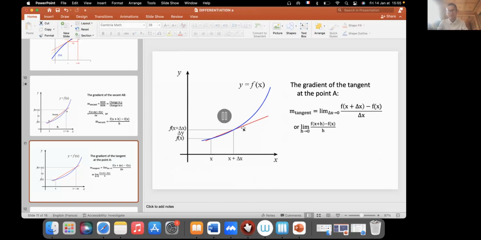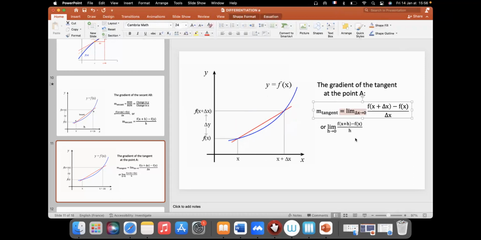Okay. Now, the second step, he applied the limit operation to delta x. As a matter of fact, when the secant line approaches the tangent line at the fixed point, delta x gets closer and closer to zero, right? So the change of x coordinate, which is delta x, approaches zero, right? So we have this notation.